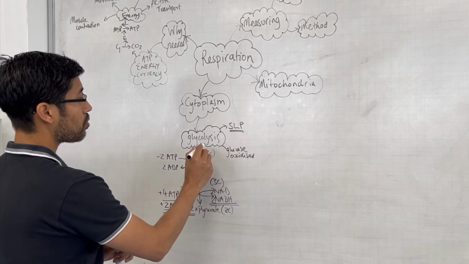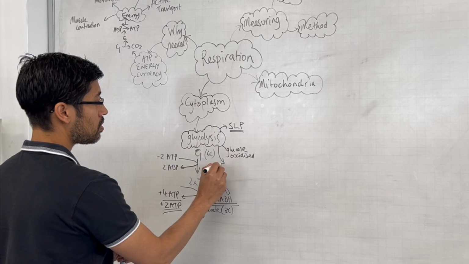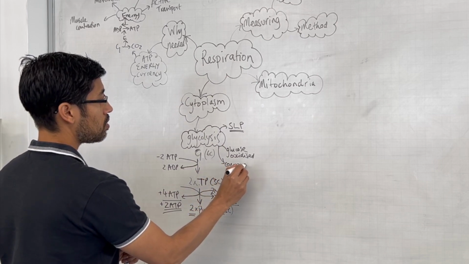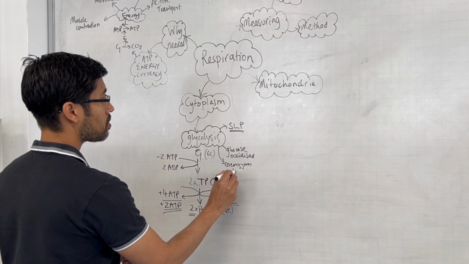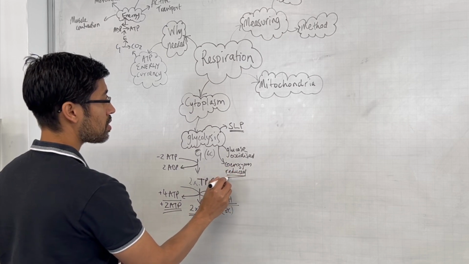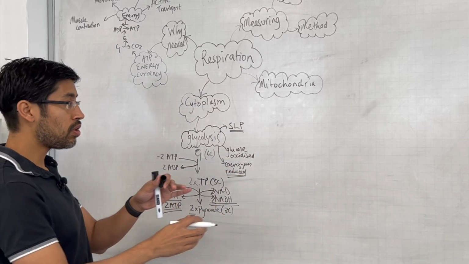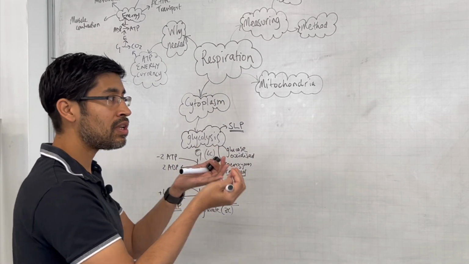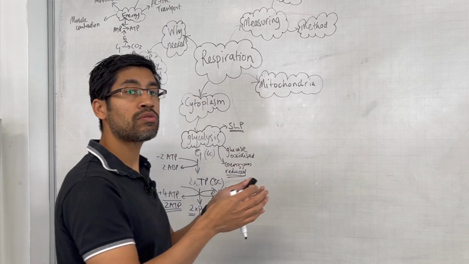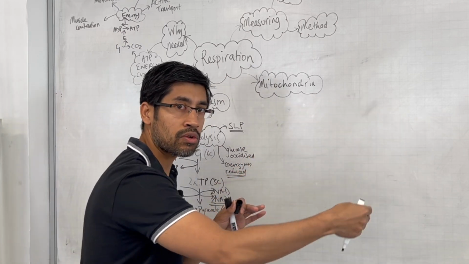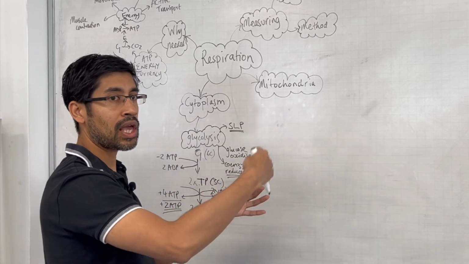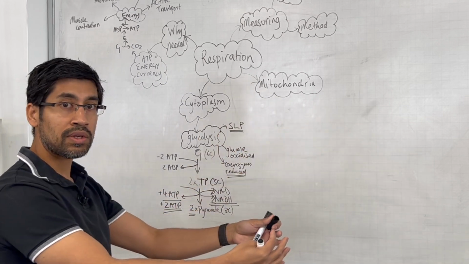So glucose oxidized, coenzymes reduced. And that's really important, because it's these coenzymes, in their reduced form, that can fuel the electron transport chain and the proton gradient and the chemiosmosis and the ATP synthesis.